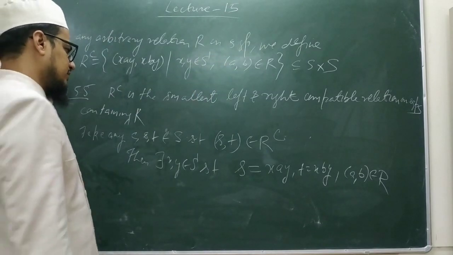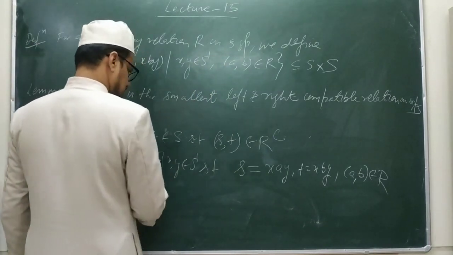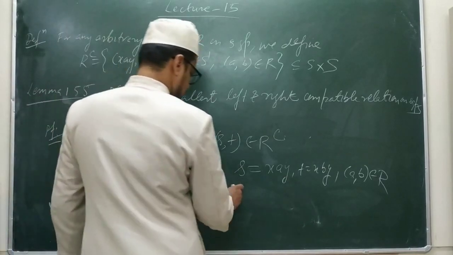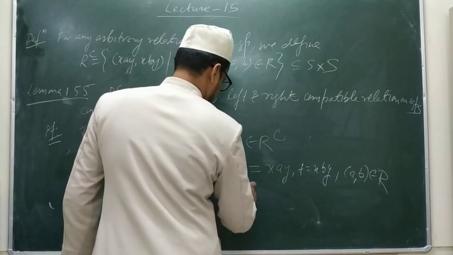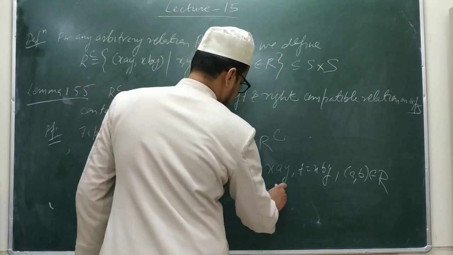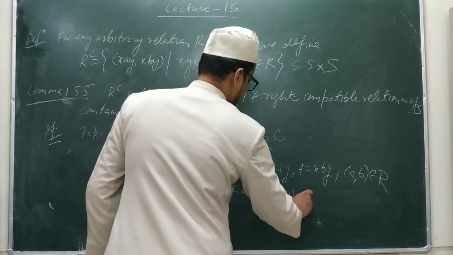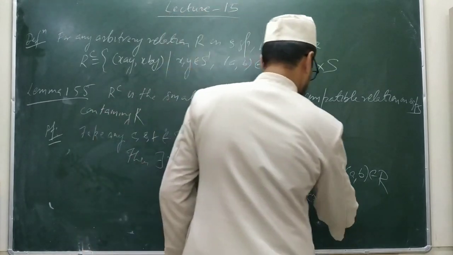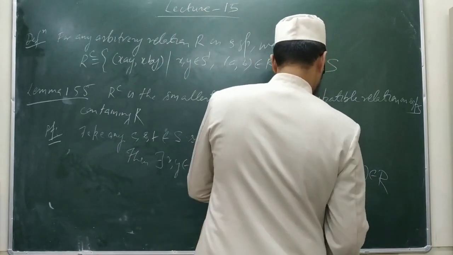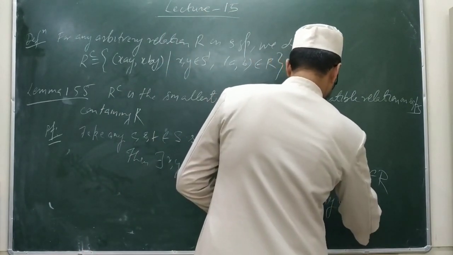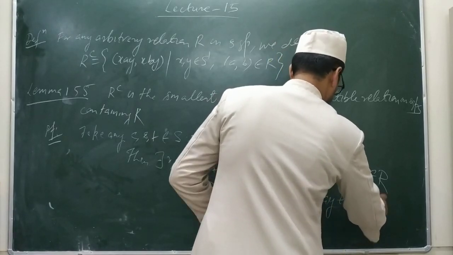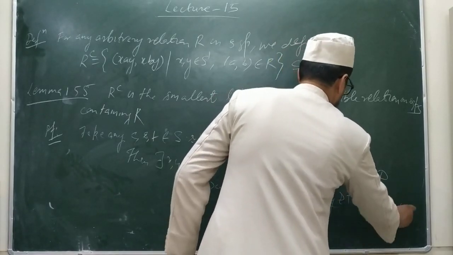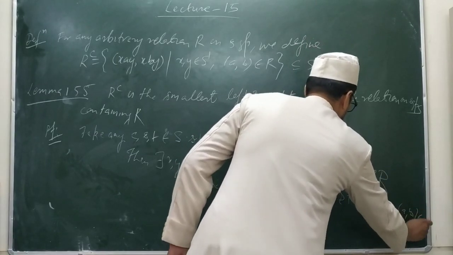Now we calculate cs. So cs will be cxay, and it can be written as (cx)ay, and similarly ct is equal to cxby, and (a, b) belongs to R. So this is the situation.